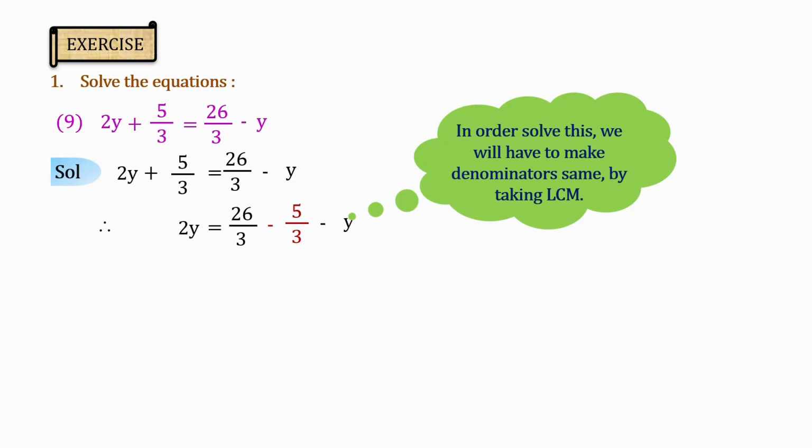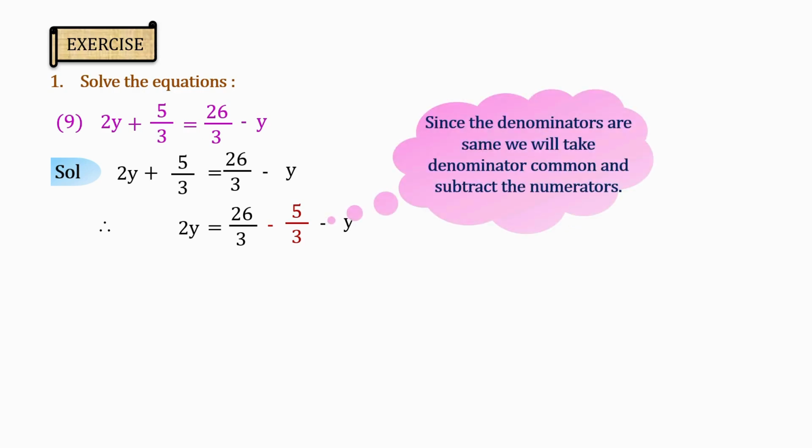So in order to solve this, we will have to make the denominator the same by taking the LCM. Since the denominators are the same, we will take the denominator common and subtract the numerators.